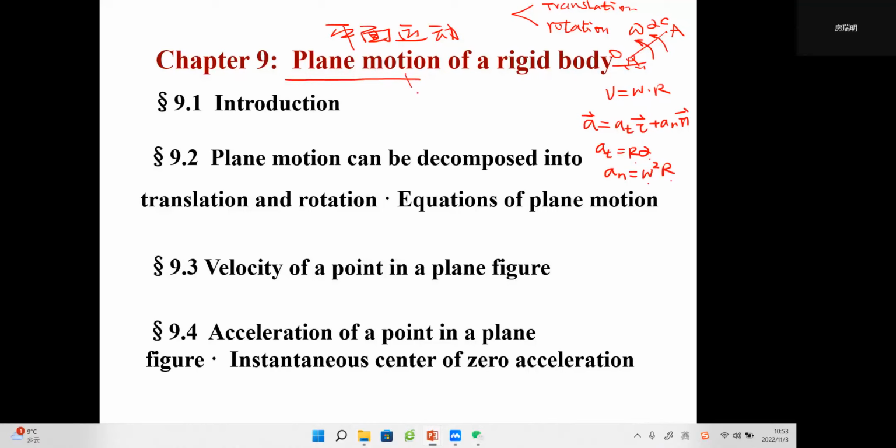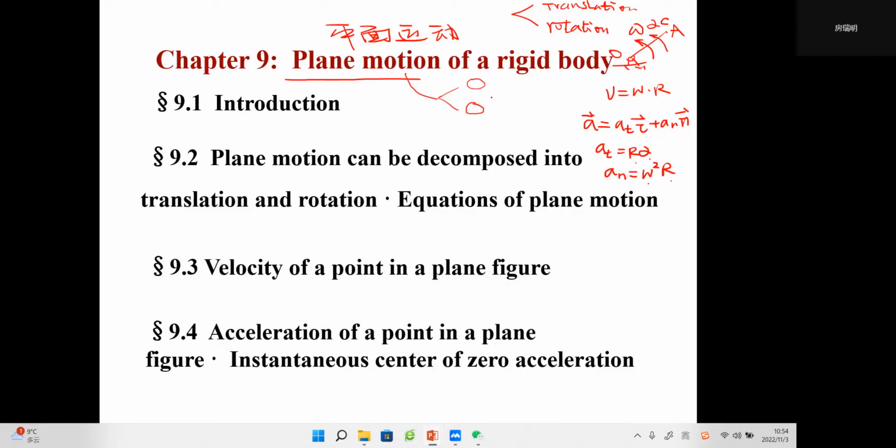It has two components: one is translation, another is rotation. So we can think about that: actually, this body's movement is a little bit complex. At the same time, it has a translational part and also a rotational part, right? Actually, these two parts are independent, although they happen at the same time.